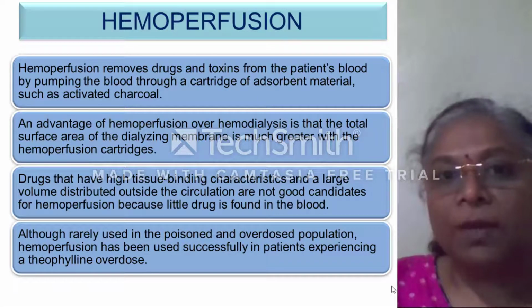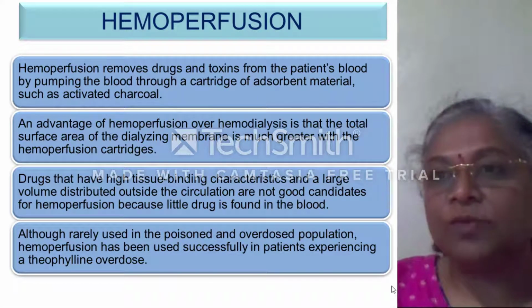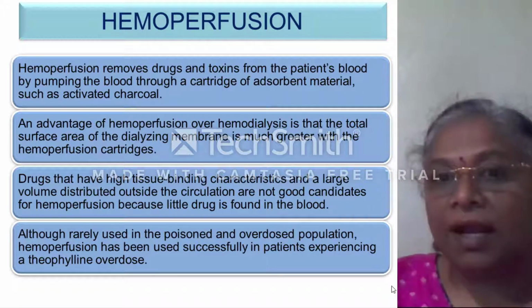Hemoperfusion. Hemoperfusion removes drugs and toxins from the patient's blood by pumping the blood through a cartridge of adsorbent material, such as activated charcoal. The advantage of hemoperfusion over hemodialysis is that the total surface of the dialyzing membrane is much greater with a hemoperfusion cartridge.